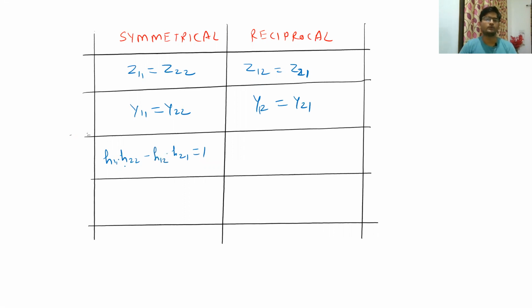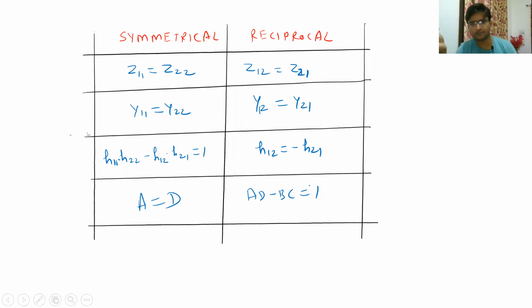H11 into H22 minus H12 into H21 should be equal to 1. And for it to be reciprocal, H12 should be equal to minus H21. Also for the ABCD parameters, if the circuit has to be symmetrical, the value of A should be equal to D, and for reciprocal, AD minus BC should be equal to 1.